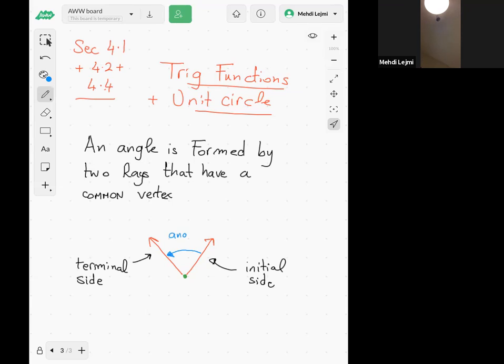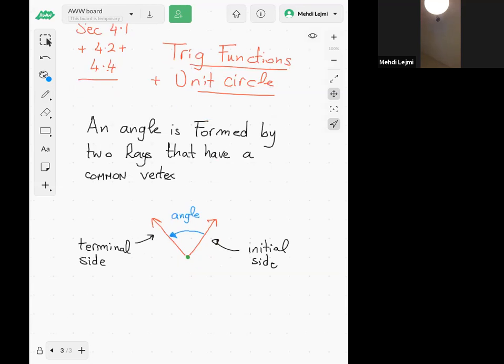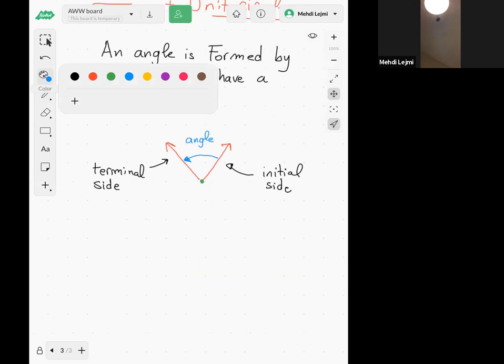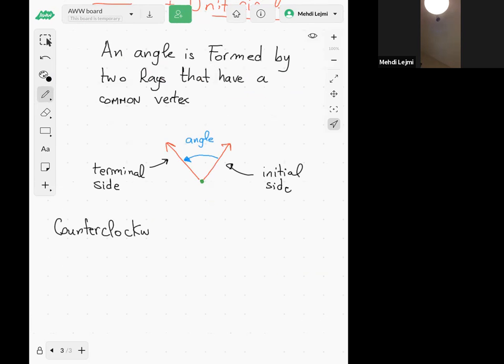Actually, we have positive angles and negative angles, depending on the rotation. There are two possibilities. If you have a counterclockwise rotation, so what do I mean by counterclockwise?